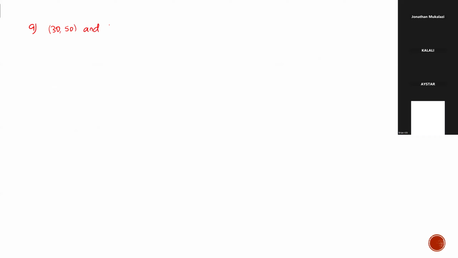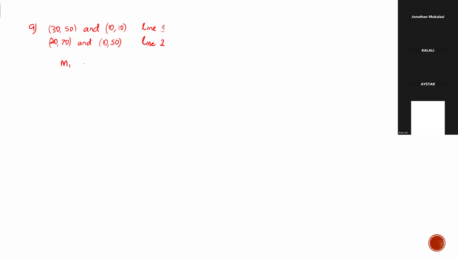And then there's another line that goes through (20, 70) and (10, 50). Now, getting the equations of these lines is not hard. So the first thing you want to do is get the gradient. So I could call this line 1, and line 2.